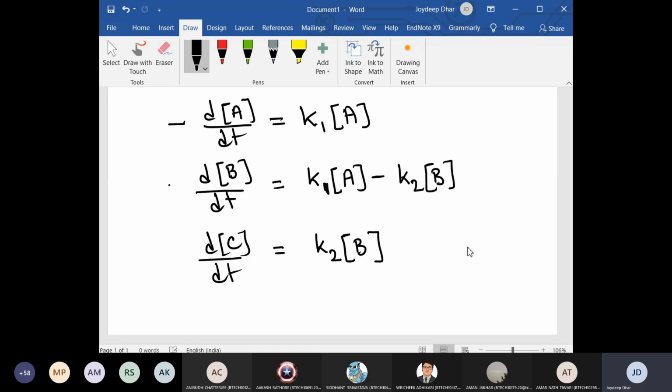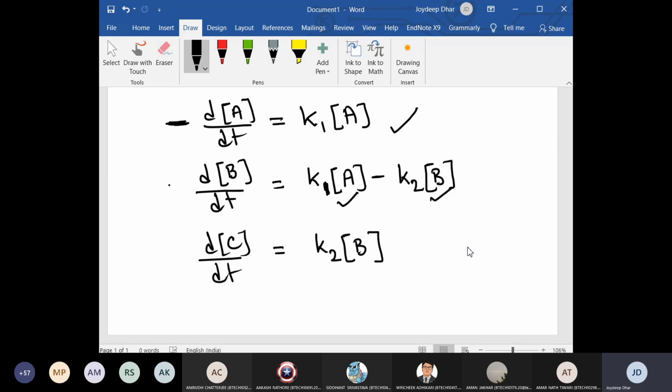So is it fine to you? The first step is the disappearance of A, so that's why the minus sign. In the second step B is forming, so its concentration is changing in two reaction steps. The first step is formation, the second step is consumption.